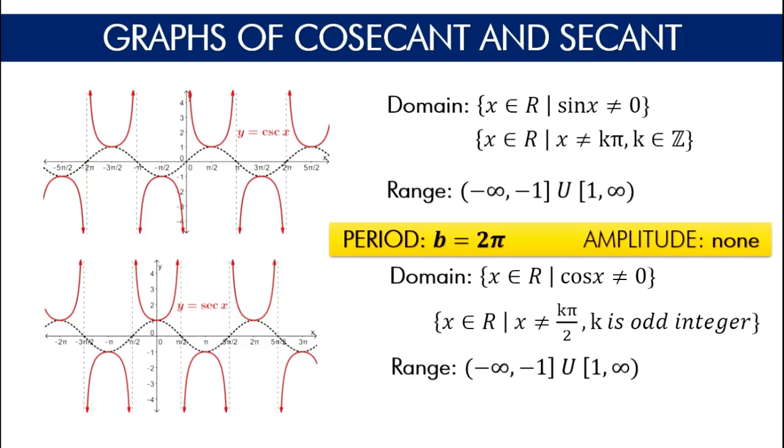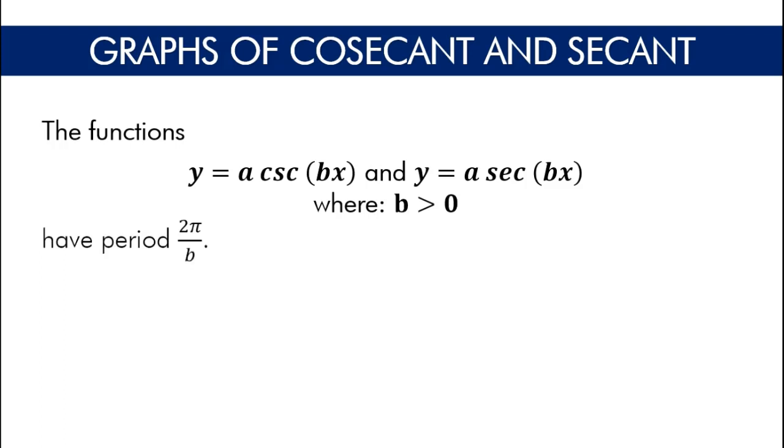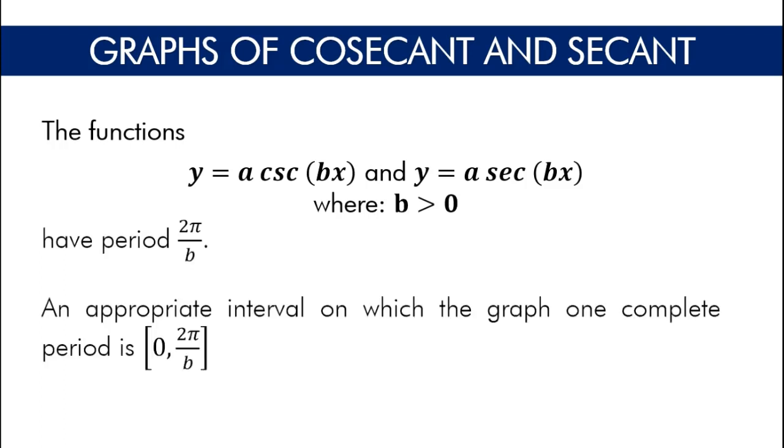And our period still is 2 pi, since it's just the reciprocal of the sine and the cosine function. So again, an appropriate interval on which to graph one complete period is from 0 to 2 pi over b. So same formula for the period.